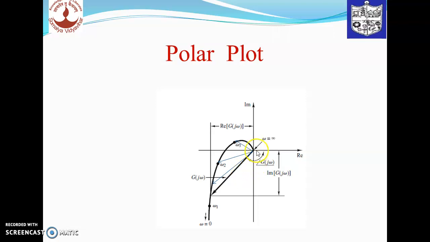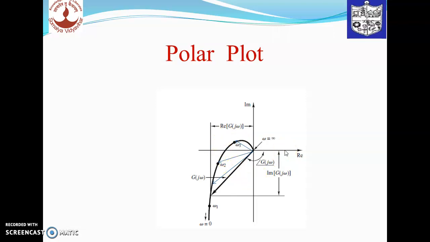So this is my minus 90, this is my minus 180, and this is my minus 270. So minus 270 and plus 90 are the same. When I say counterclockwise direction, this is plus 90, this is plus 180, this is plus 270.